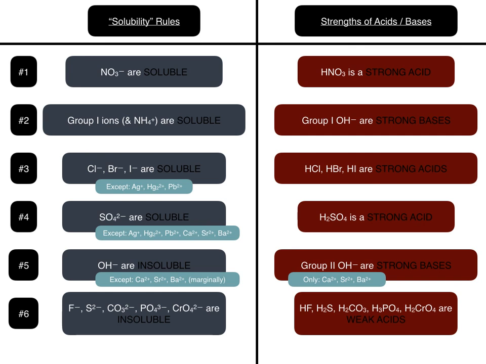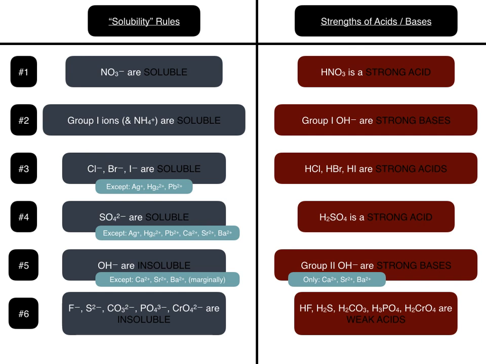Nitrates are always soluble, and nitric acid will always strongly dissociate. Group 1 ions are always soluble, and group 1 hydroxides are always strong bases that strongly dissociate.